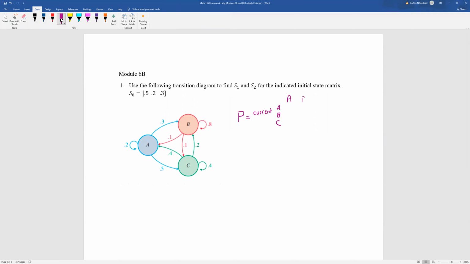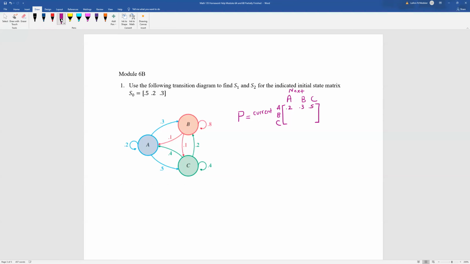So that helps you follow the direction of the arrows. This is a 3x3 matrix because there are 3 states and 3 possible directions for each one. So from A to A is 0.2. From A to B is 0.3. And from A to C is 0.5.